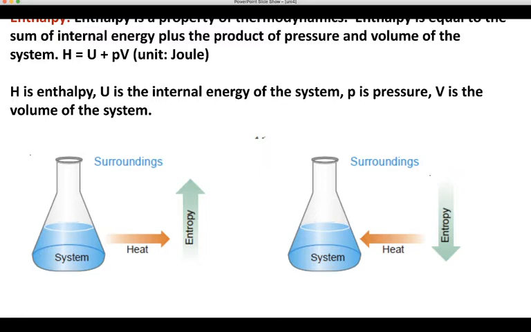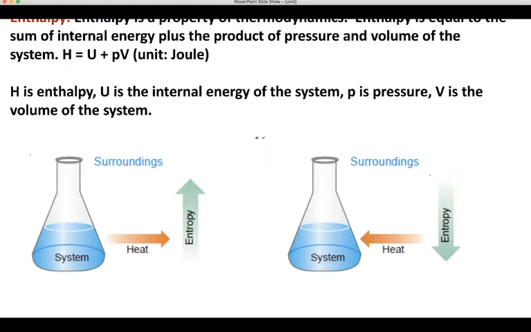Similarly, if in a flask we put cold water and the surrounding temperature is hot, the system will try to maintain equilibrium between system and surroundings. So the cold water simultaneously becomes warm water, at the environment temperature, as it absorbs the heat. So there are two different factors.